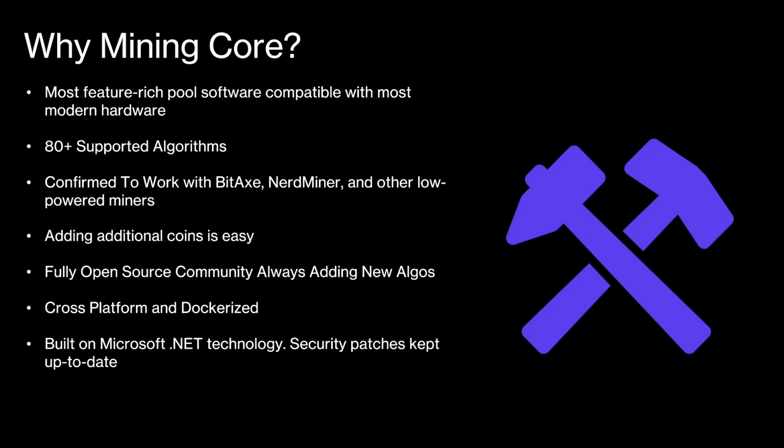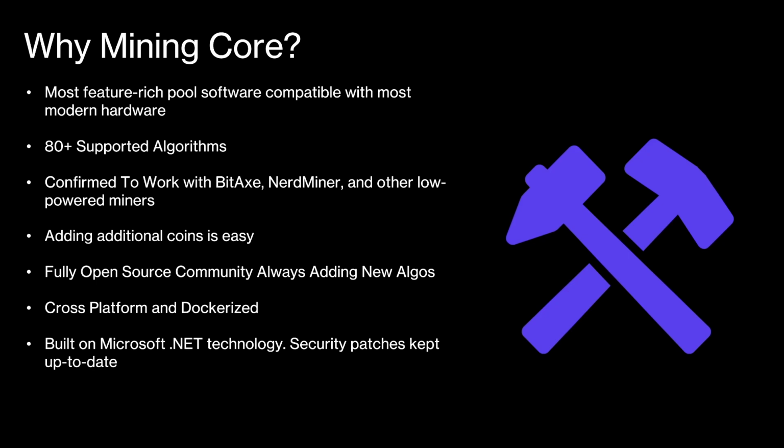So if you're not aware, Microsoft .NET is basically a development platform that was created by Microsoft in the mid-90s. And they put out very frequent security patches, all of that.